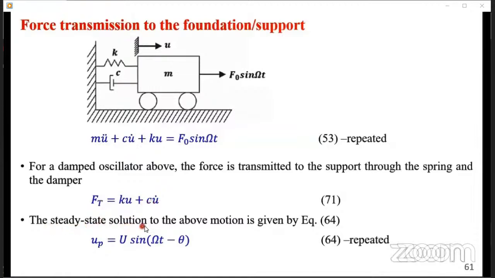Now, the steady state solution to the above motion is given by equation 64. Okay, the steady state response for the motion here, of course, was given by equation 64. We are referring. And we have seen the force Ft that will be transmitted to the foundation is K u plus C u dot.